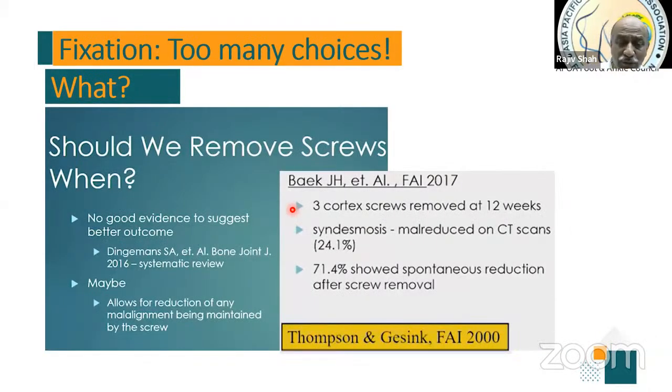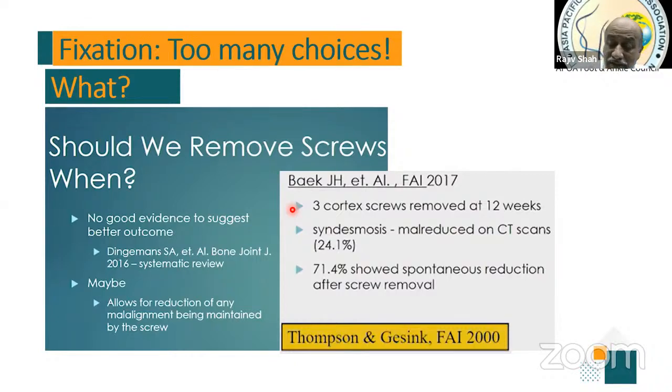Should we remove the screws or not? I think there is not much literature to support either removal or retaining. Some studies showed that removal of the screw gave better movements. Some studies showed that removal of the screw gave way and the syndesmosis opened out.